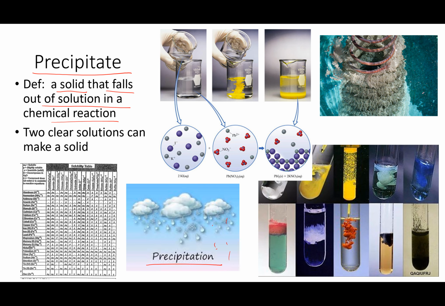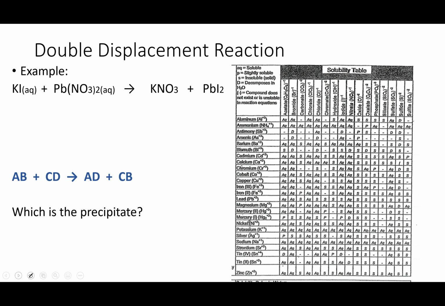Really fun when you have a chemical lab and you produce a precipitate, because sometimes you take two clear solutions and all of a sudden you get a solid that's produced, and those solids accumulate and fall down to the bottom of the beaker. I've collected a variety of pictures of precipitates, and they are some of the coolest chemical reactions that can exist.